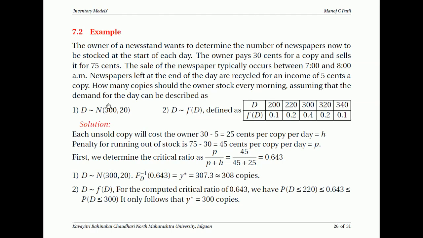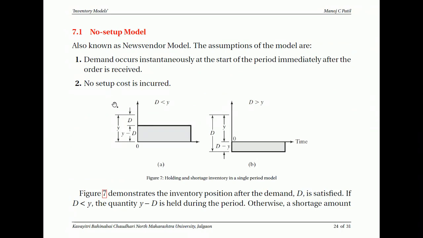He earns 45 cents on each copy. The sale of newspapers typically occurs between 7 and 8 a.m. Newspapers left at the end of the day are recycled for an income of 5 cents. So there is a loss: he has to pay 30 cents and he will get only 5 cents. Very good, let's go for that example.